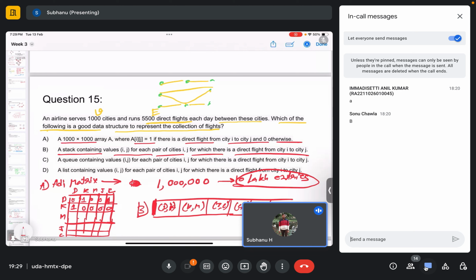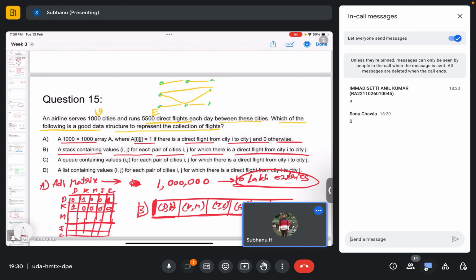So how many options will be there? If you follow this stack data structure, you can't search like this. Whenever you are using a data structure, you have to search from that data structure.